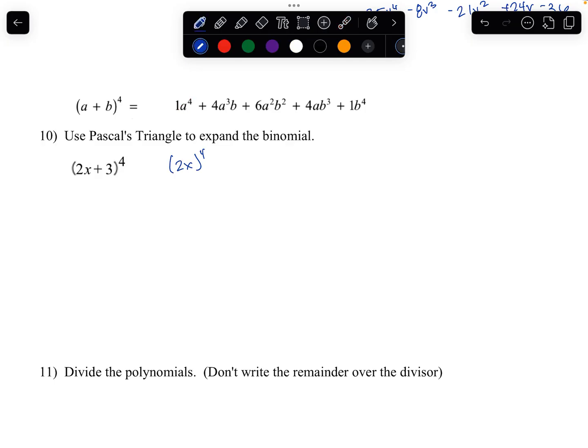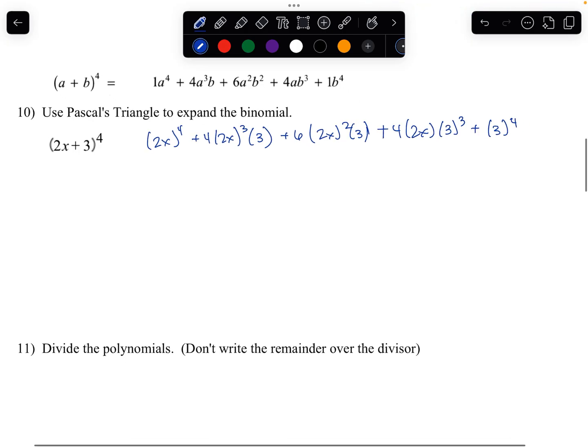Then plus 4, and then 2x to the 3rd times 3. 3 is going to be B. And then plus 6, then we would have 2x squared and then 3 squared. And then plus 4 times 2x times 3 to the 3rd plus 3 to the 4th. And then you will have to simplify this.